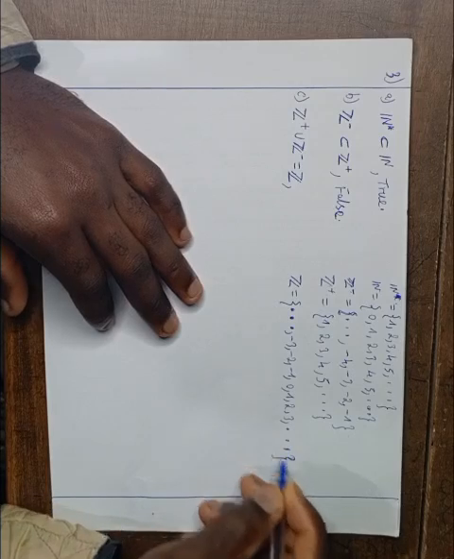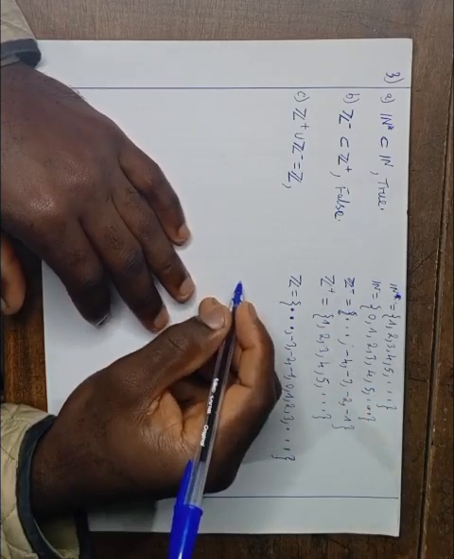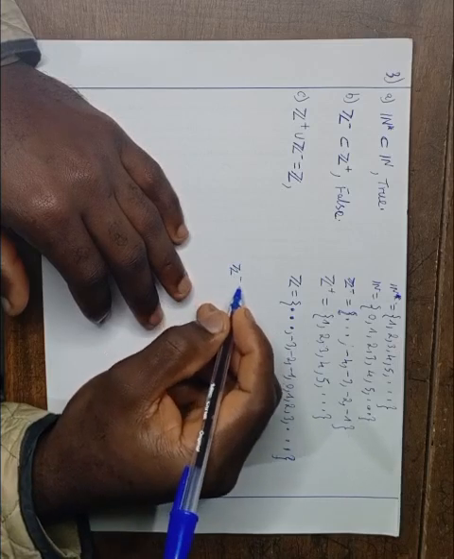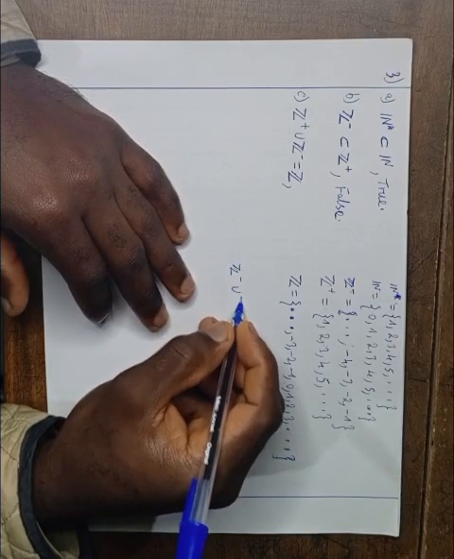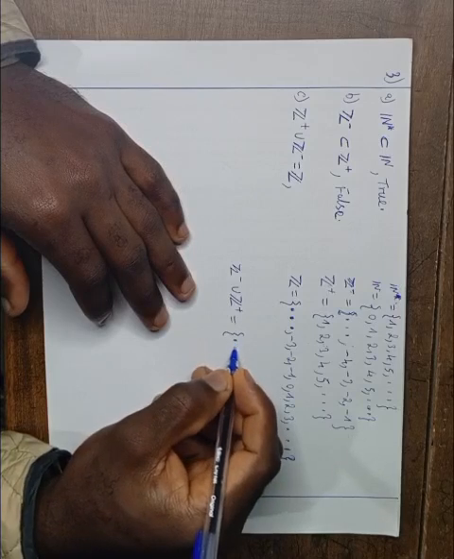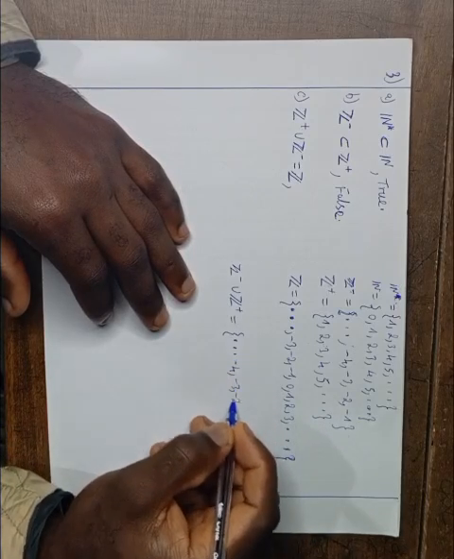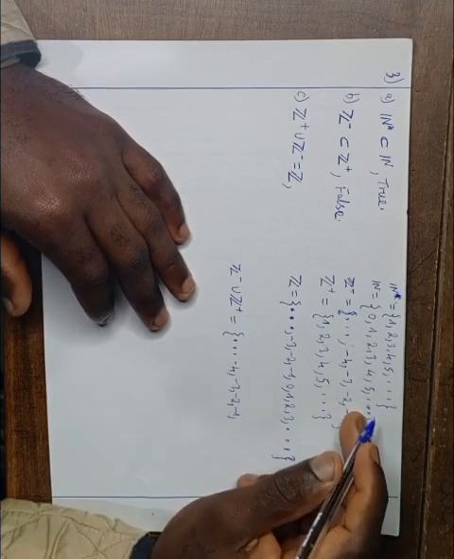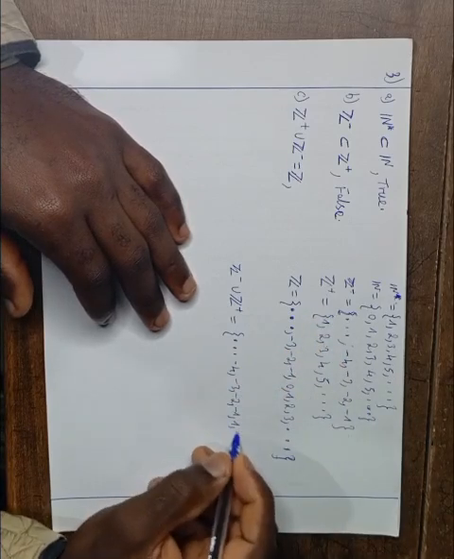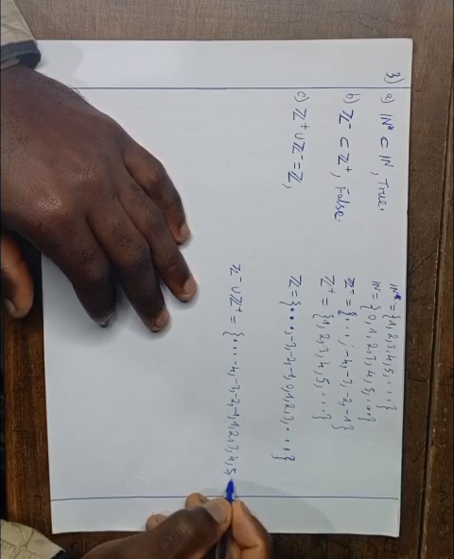So if we take all the elements in these two sets, we are going to have something like this. Let's take Z minus union Z plus. This will simply give us a set as such, and 1, 3 dots.